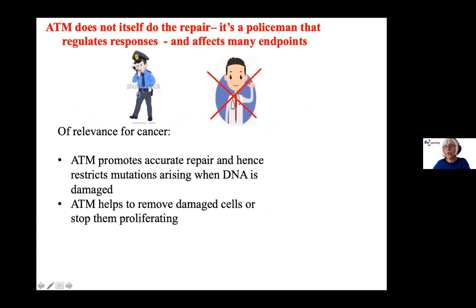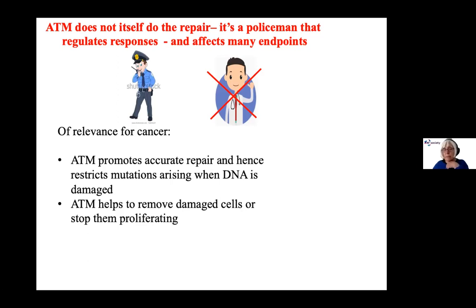ATM doesn't actually do the repair, but I've said before, think of it as a policeman that regulates a response. And because of that, it affects many endpoints. I'm not going through all of those today, but what's relevant for cancer is that it promotes the accurate repair of those two, when you get a double strand break, a break in both of those strands.